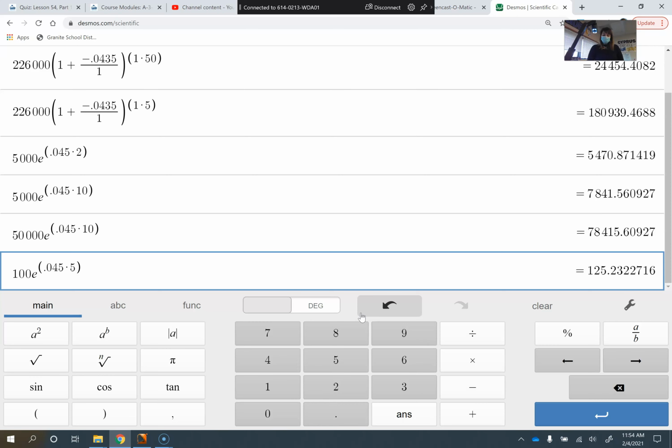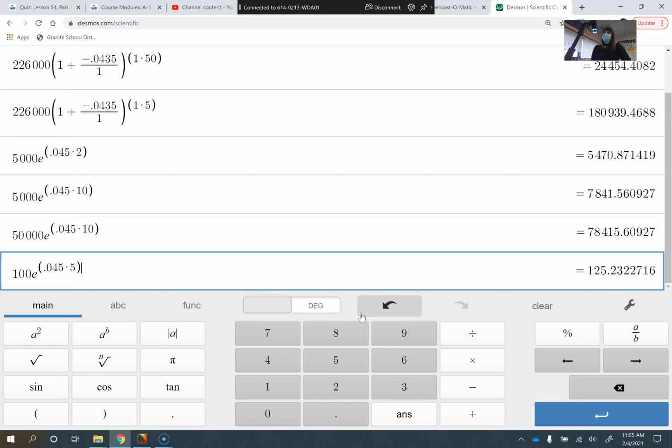Okay, so these two are two different samples. There's one that matches this function, and there's one that matches this. So this is tritium, this is sodium. Which sample started with the greater amount?